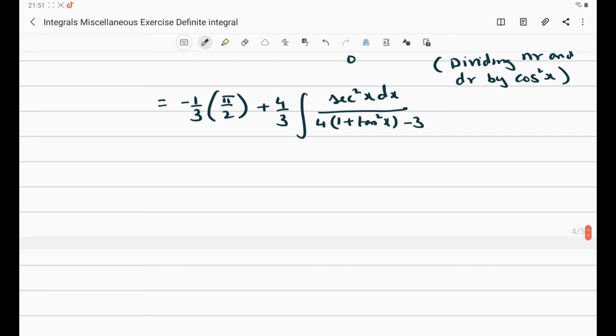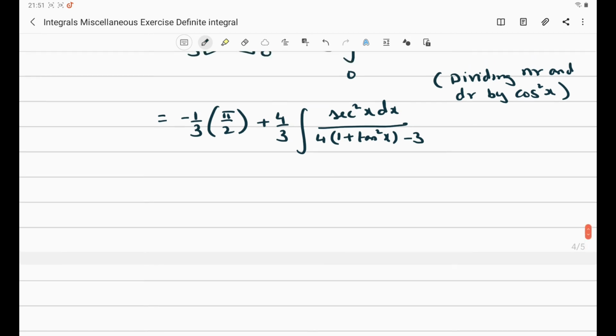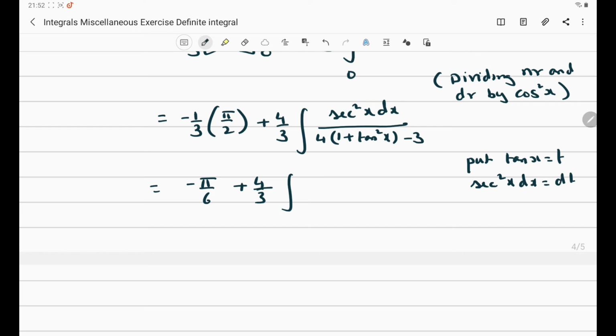Now putting tan x equal to t, we get secant square x dx equal to dt. So we can write the numerator as dt, so minus pi by 6 plus 4 by 3 into integral of secant square x dx is dt divided by 4 into 1 plus t square minus 3.